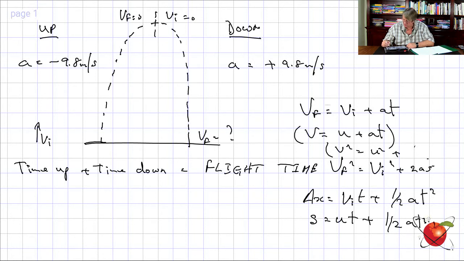Let me just check. Yeah, plus 2AS. That's right, 2AS, which is delta X for you guys. See, we all get confused with them.